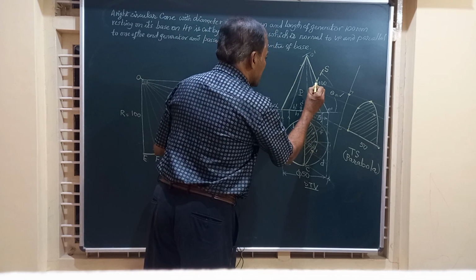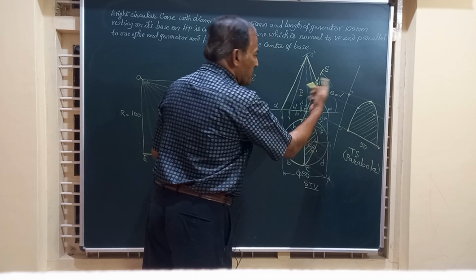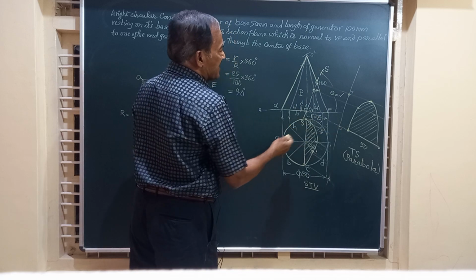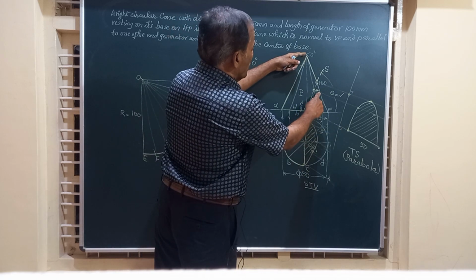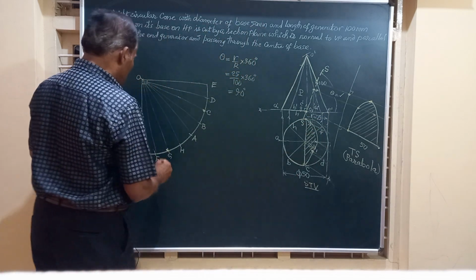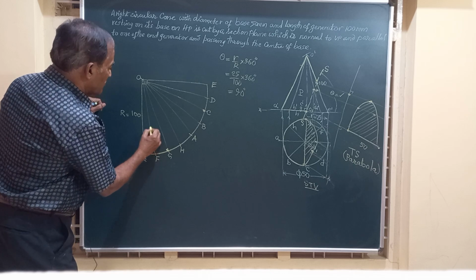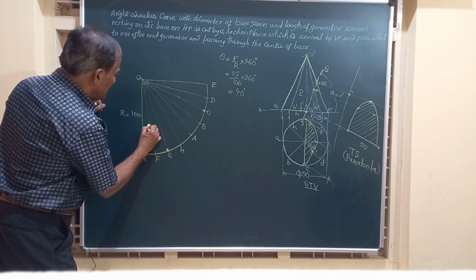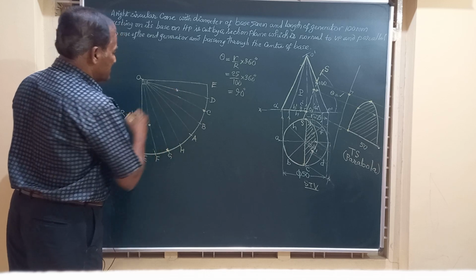OD and OF are cut here, but this is not the true length. Hence, transfer that point to the true length generator. Mark the distance on OD and OF.